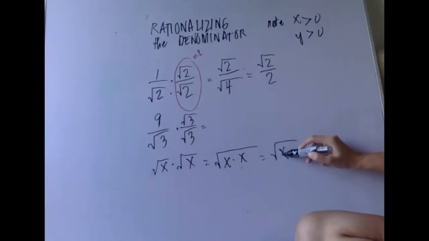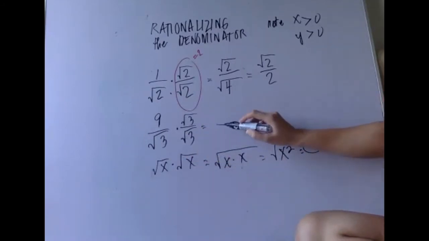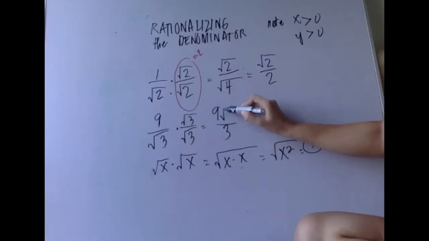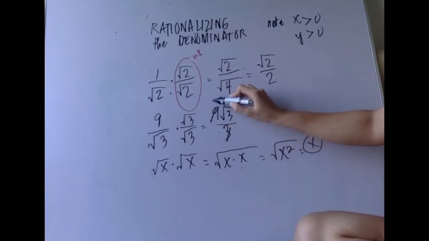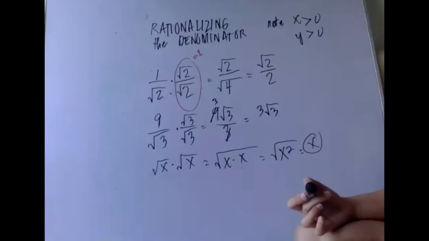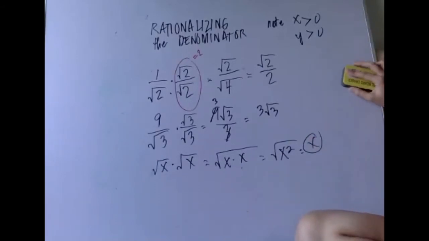So, that's equal to square root of x squared or x. Okay? So, alam na natin na itong nasa baba, magiging square root of 3 times square root of 3 is just equal to 3. Sa taas, 9 square root of 3. Ka-cancel yung 3. Answer is 3 square root of 3. Okay. Dali lang, di ba?